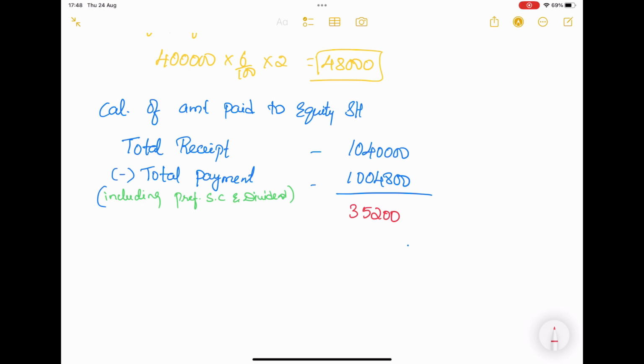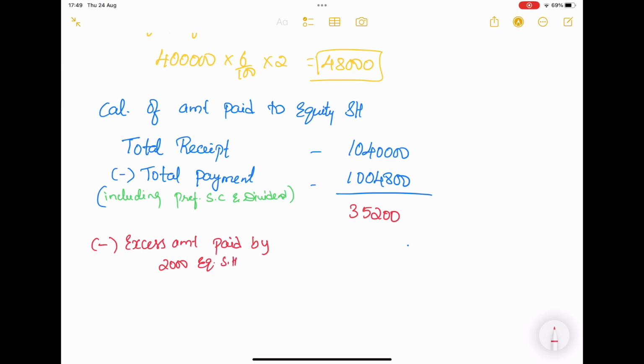The excess amount, how much excess are we having? We are having excess amount as 35,200. This excess will be paid to the remaining shareholders. For example, the excess amount is paid first to the 2,000 equity shareholders.